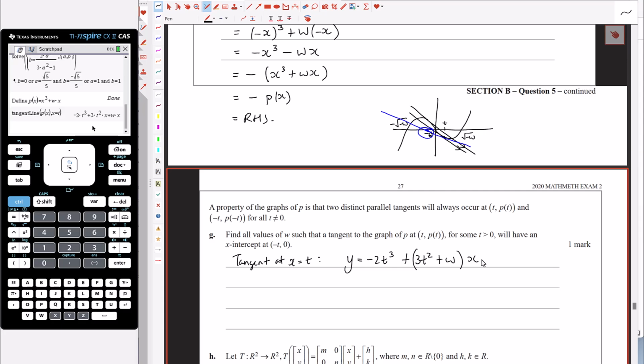And so the tangent will have an x-intercept at negative t, 0. Okay, so we're going to substitute that point in. When x equals negative t, y is going to equal 0. And then we should be able to solve that for w.